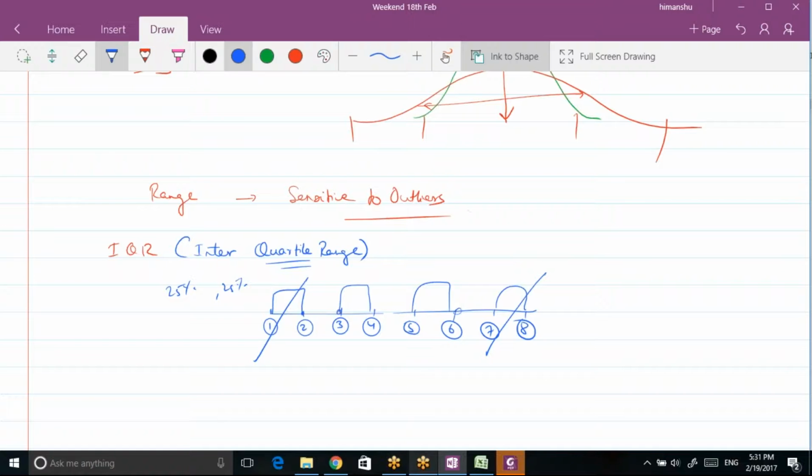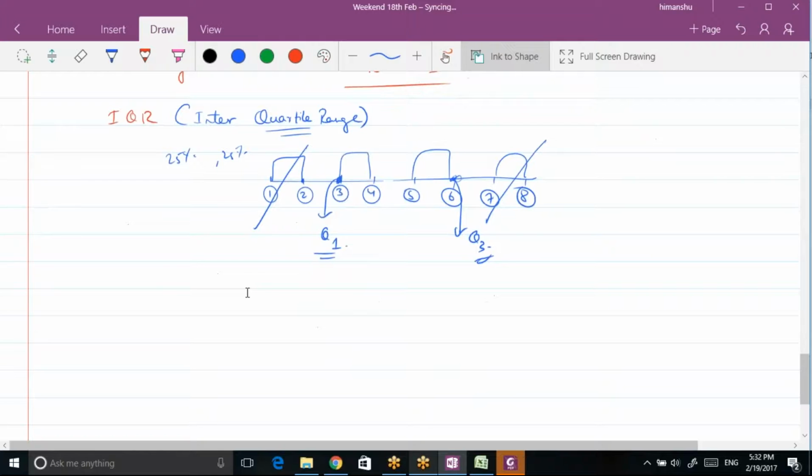Now this first value is called my Q1, and this last value is called my Q3. After removing 25%, the last value I got will be called Q3, and the first value after removing 25% is called Q1. And Q3 minus Q1 is called my IQR.